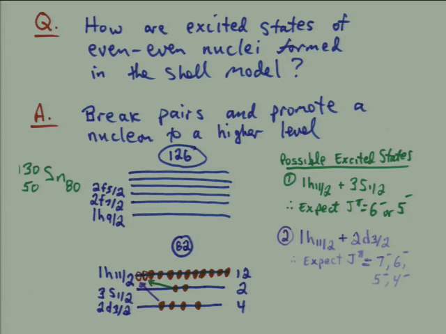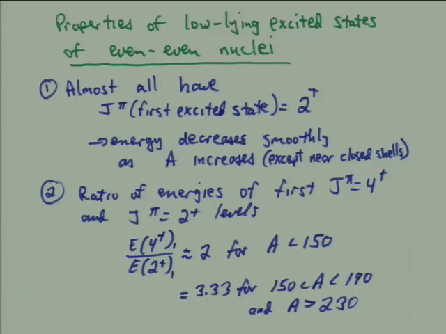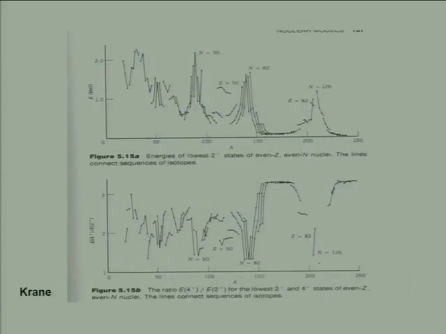And in fact, just to summarize, almost all even nuclei have J pi equals 2 plus first excited states. The energy of that state decreases smoothly as you move up in A. This is a figure that's in Lilley's book. It's also in Krane's book. This is the energy of the lowest 2 plus state in even Z, even N nuclei, so even-even nuclei.